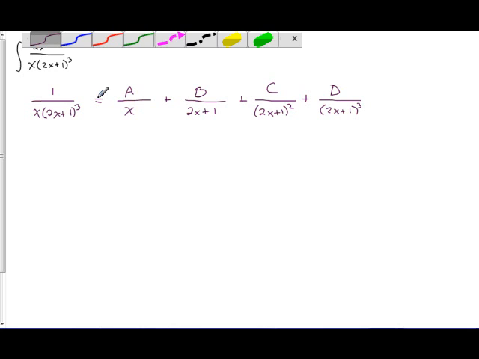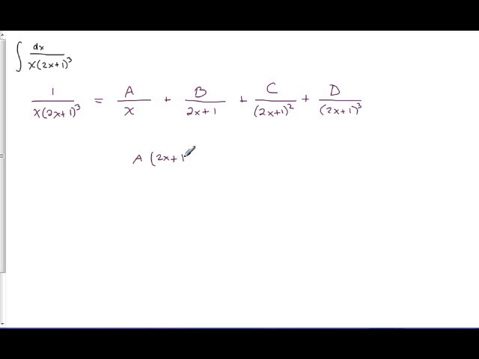So, of course, we're going to set these equal, and in particular, we're going to set the numerators equal when we add the fractions. When I add the right-hand side, the numerator is going to look like a times 2x plus 1 cubed, since the common denominator is x times 2x plus 1 cubed, plus bx times 2x plus 1 squared, plus cx times 2x plus 1, plus dx.